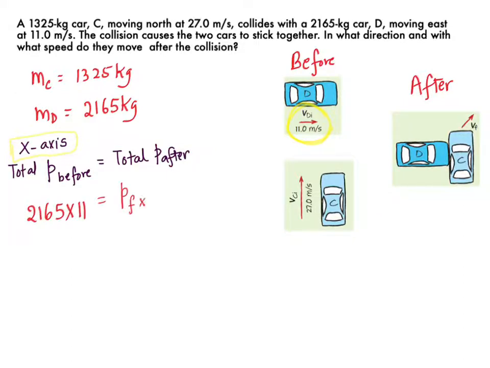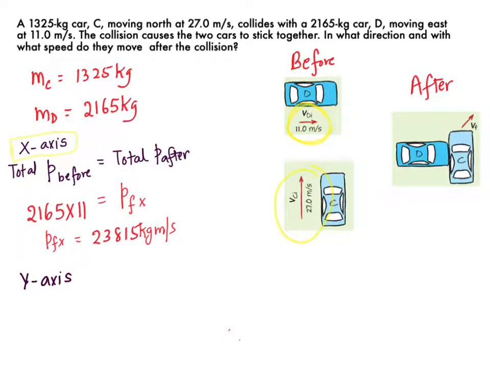The mass of car D is 2165 multiplied by its speed of 11, which equals the total momentum after in the x-axis. We write P_fx, the final momentum in the x-axis. Multiplying, we get 23815 kg m/s. Now we will do it for the y-axis.